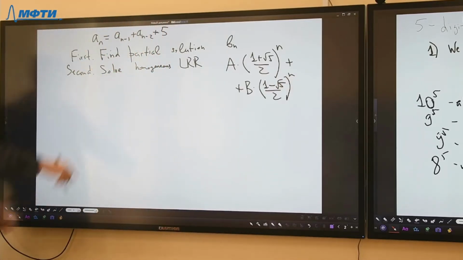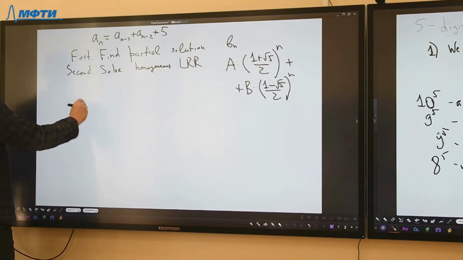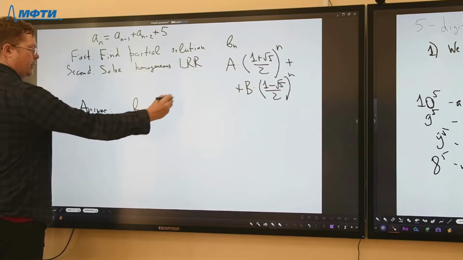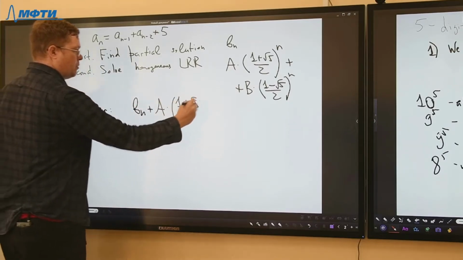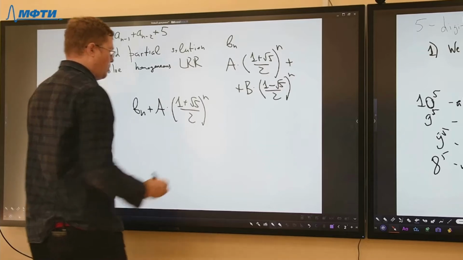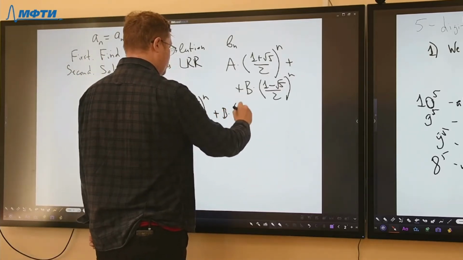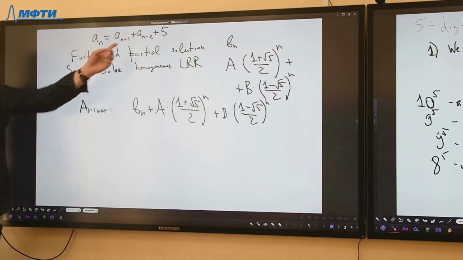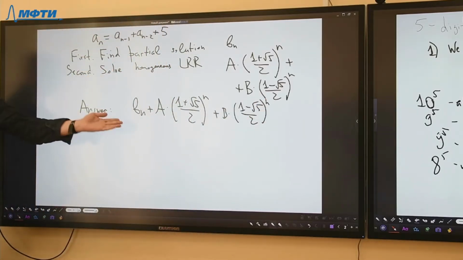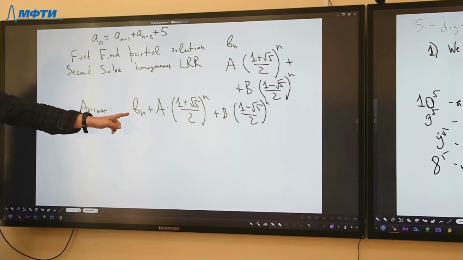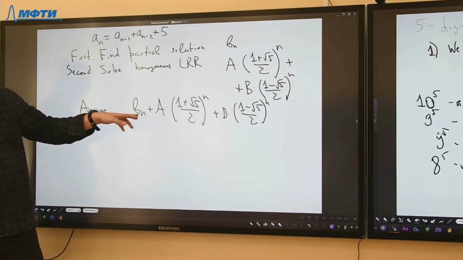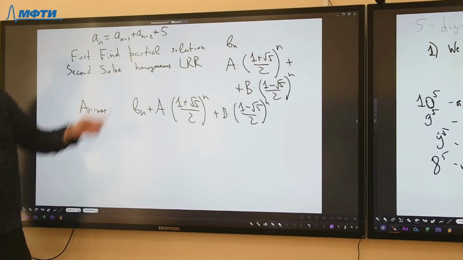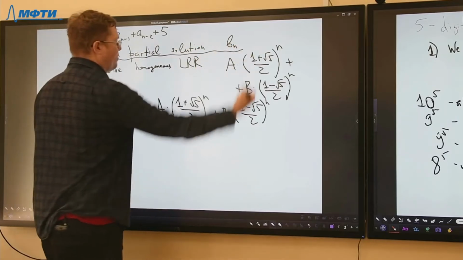So if you solve this, then the answer is bn plus a times (1 plus square root 5 over 2) to the power n plus b times (1 minus square root 5 over 2) to the power n. And if you have initial elements, you just take n equal to 0 and 1 and find a and b by these constants. But the important part is you need to find partial solutions.